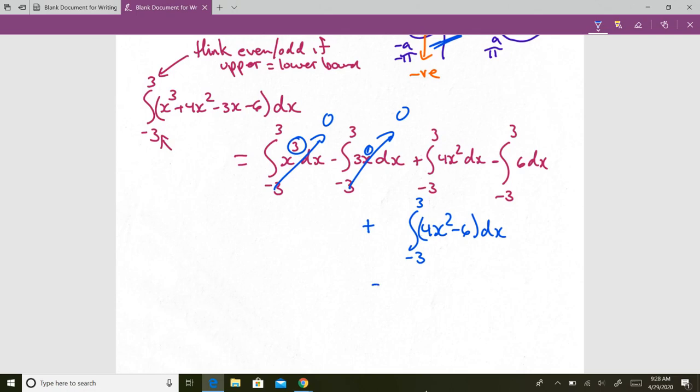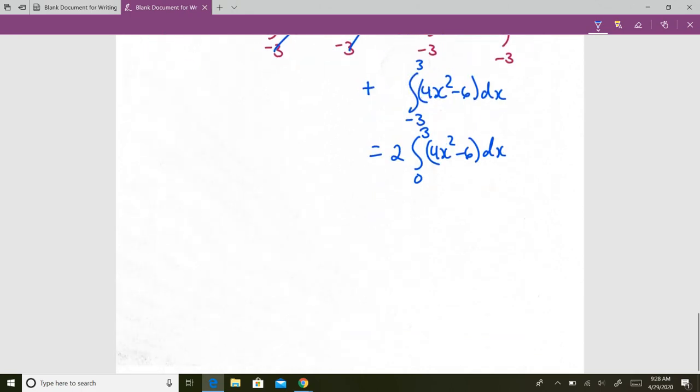So I can change that to 2 times the integral from 0 to 3 of 4x squared minus 6. So again, making our life a lot simpler. So I can just now integrate this. 4x squared is actually 4x cubed over 3 minus 6x evaluated from 0 to 3.